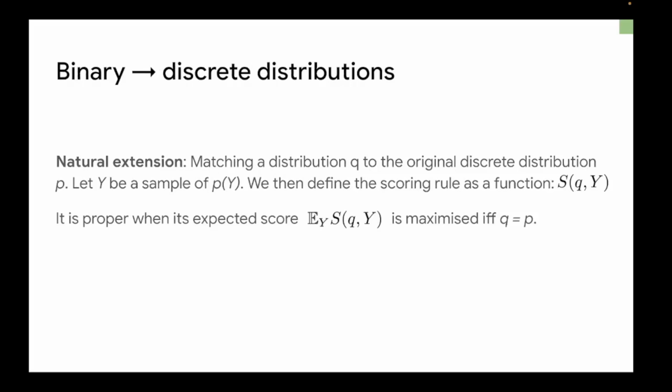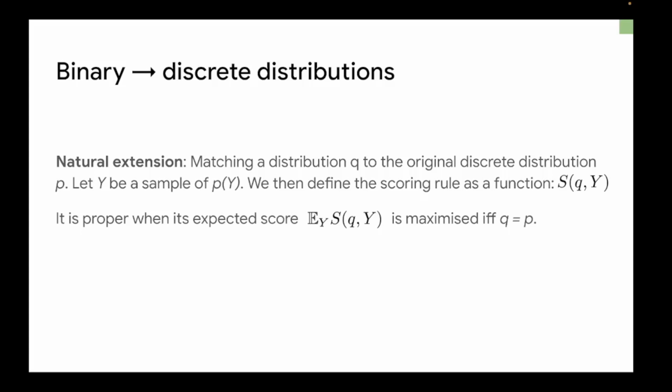So we have to extend the definition of proper scoring rule from the binary case to the discrete case in general. By discrete, I mean finite. There's also infinite discrete, but here I mean finite discrete, when there are multiple classes to select from, so you have a classification problem. The extension of proper scoring rules to any distribution is quite straightforward.